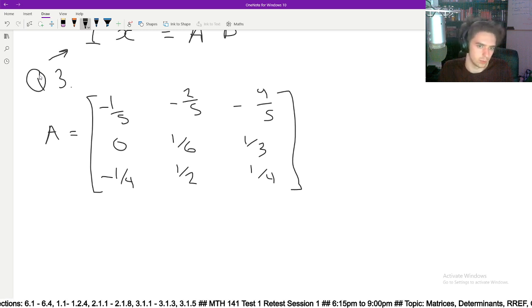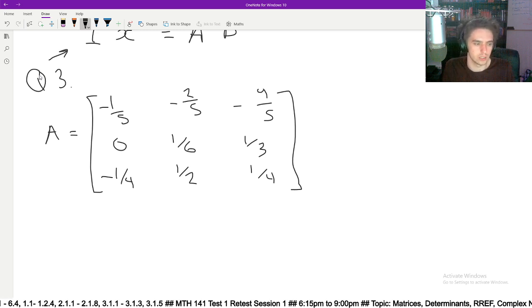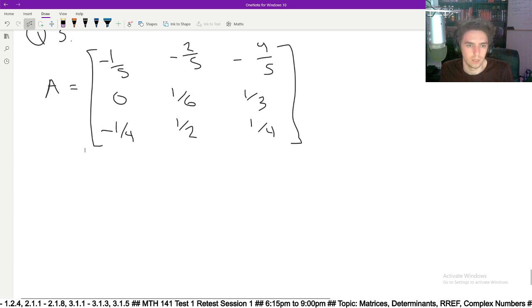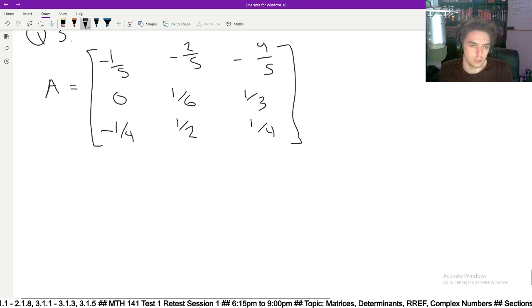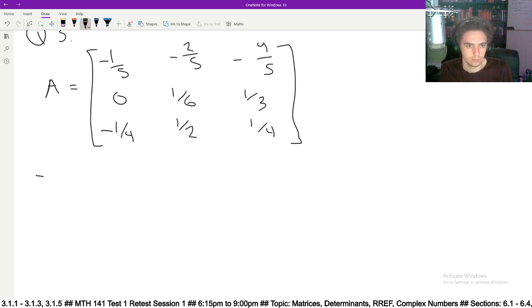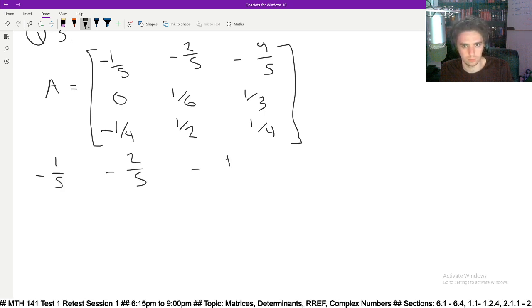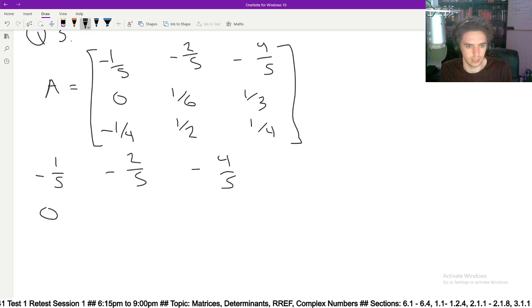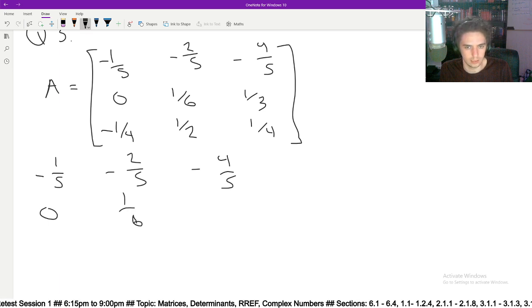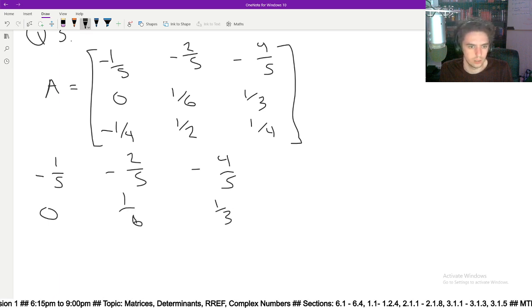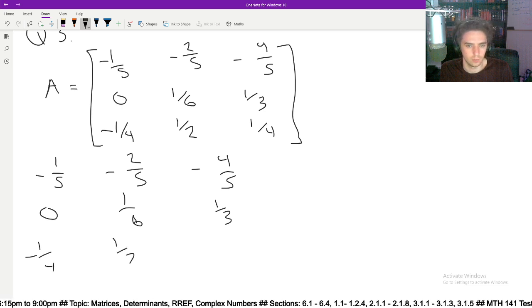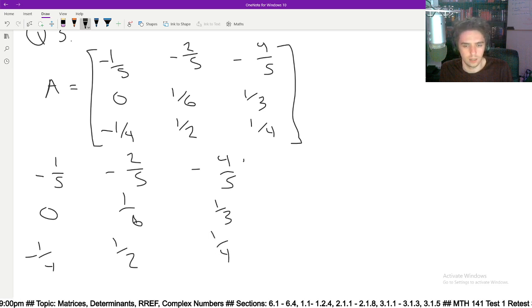That's part A. And then we'll use the inverse to solve a system of linear equations. To find the inverse using row reduction, you write out the matrix again, 1/6, 1/3, minus 1/4, 1/2, 1/4, and you augment it.